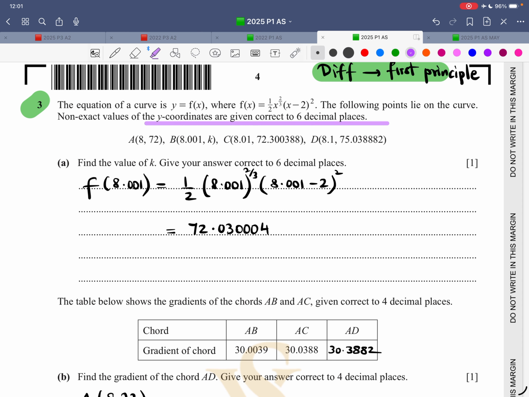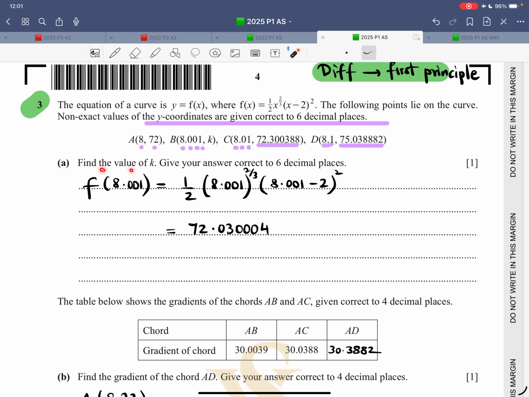Now there is a point A, 8, 72, then 8.001, k, 8.01, and this is the y value, and then 8.1, and this is the y value. Now before we move any further, with respect to 8, this is very close, this is a bit farther, this is a little bit more far and away.